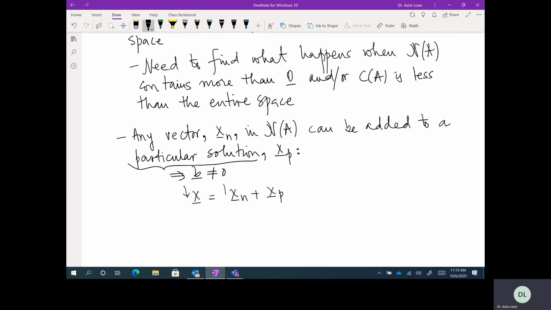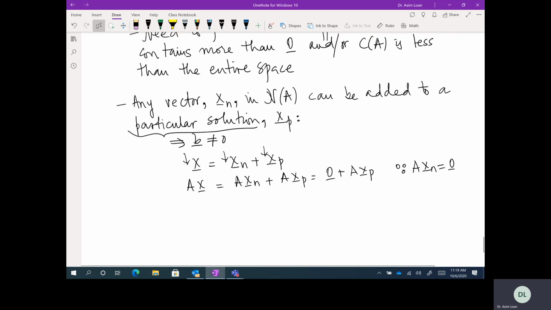If I multiply by A over here and over here, I have A times x equal to A times xn plus A times xp, which is equal to 0 plus A times xp, because A times xn is the null solution, it lies in the null space.